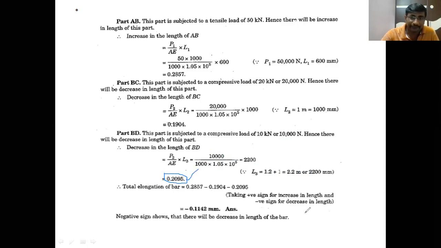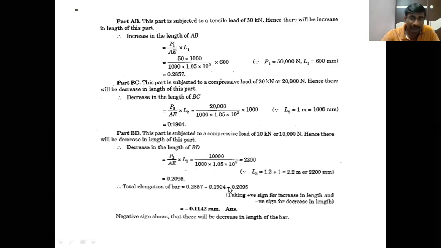Finally, if we calculate the total change in length of the member, total elongation of the bar is equal to 0.2857. It is a positive one. A decrease in length is 0.1905.